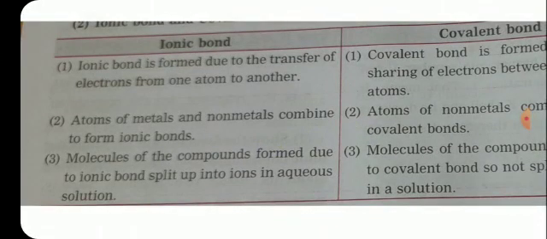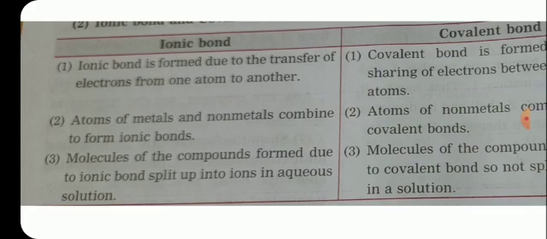Atoms of metals and nonmetals combine to form ionic bonds. In formation of sodium chloride, the constituent elements are sodium atom and chlorine atom. Sodium atom is a metal atom and chlorine element is a non-metal.